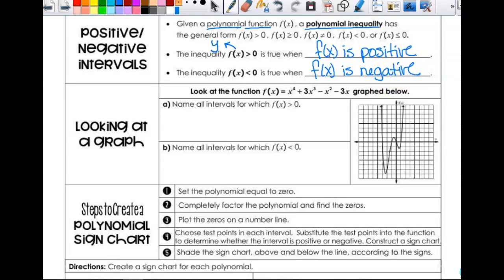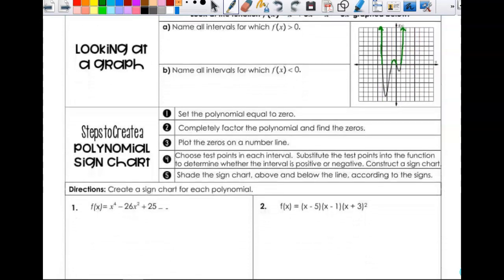So it says, look at this function. They already have that function graphed for us. And then it says to name all of the intervals for which f of x is greater than 0, or when is the function positive. So that means all of my y values would have to be greater than 0. So that would be here, here, and here. This says greater than 0, not greater than or equal to, so I don't get to include the zeros. We're talking about the y values being positive, but remember, the intervals that you write are always intervals of x. We talk about y, we write about x.